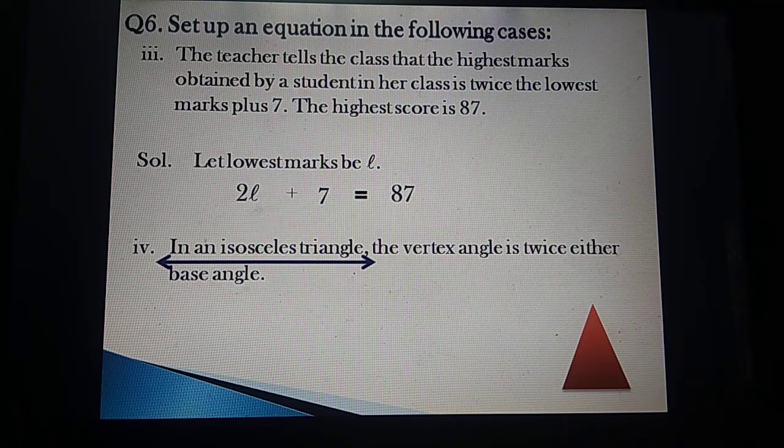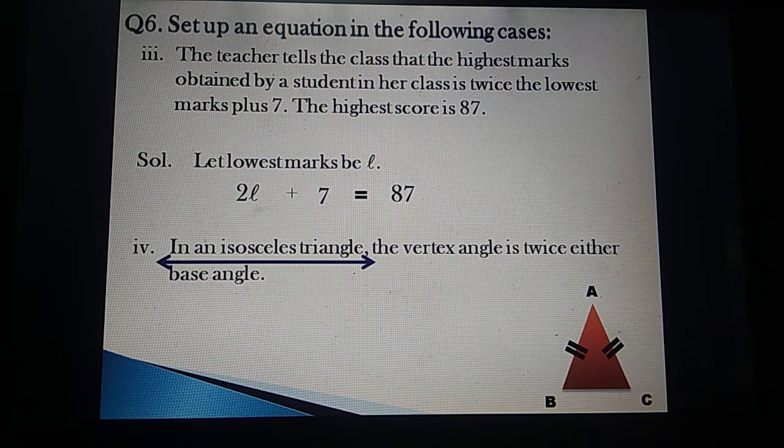Here in this diagram, we are naming the triangle A, B, C. So this is a triangle ABC where A is the vertex angle and B and C are the base angles. Now, as I told you, this is an isosceles triangle, so two sides are equal. Let's say AB and AC both are equal sides.